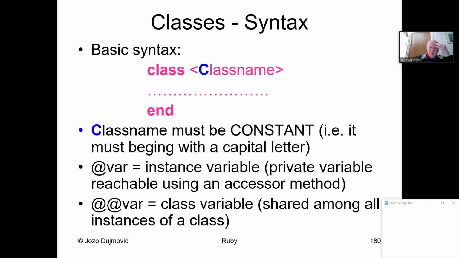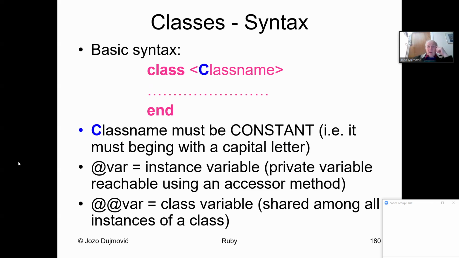On the other hand, there are also class variables that are shared among all instances of a class, and they are written with 2 at signs. So this is the syntactic detail, not particularly important, but it is good that you see immediately what they are.